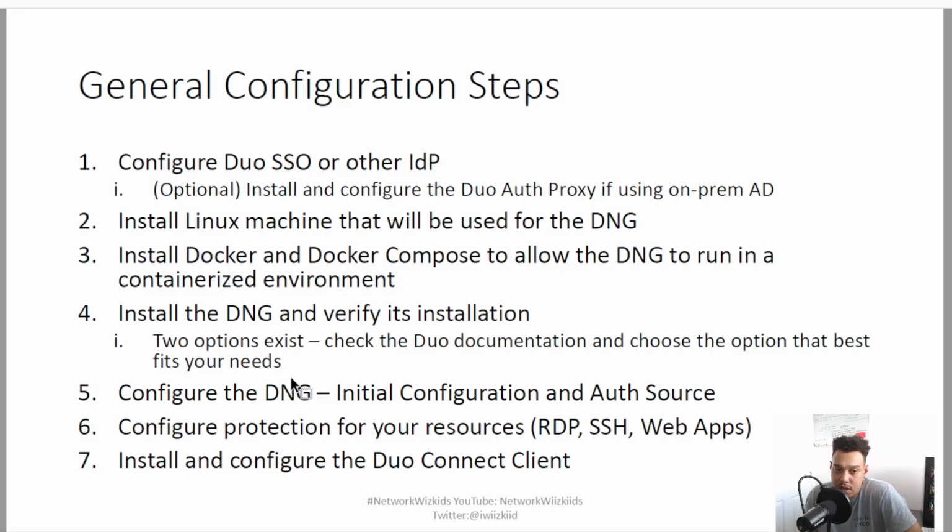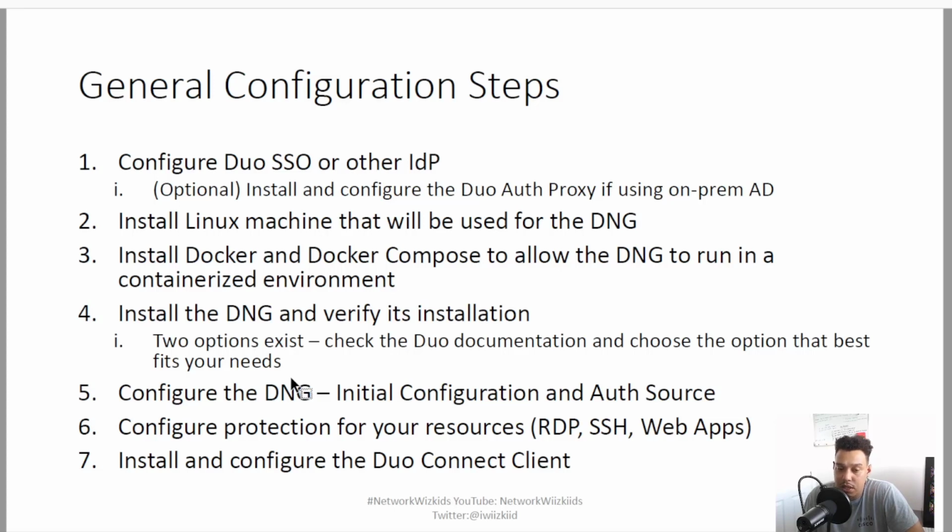We'll then move on to installing the Linux machine that will be used for the DNG, and then once that Linux machine is up and running, we'll then look at installing Docker and Docker Compose to allow the DNG to run in a containerized environment. Once that's done, we'll install the DNG and verify its installation.